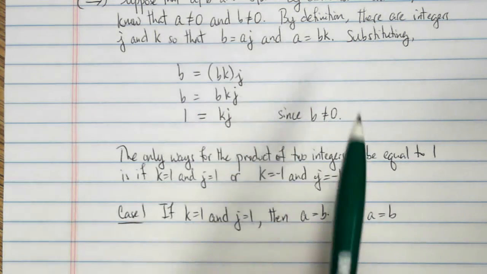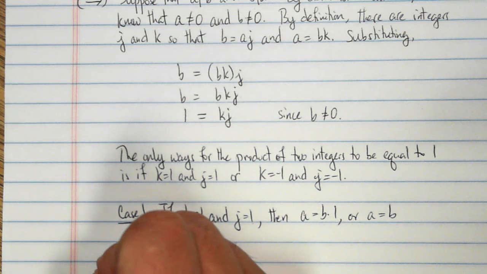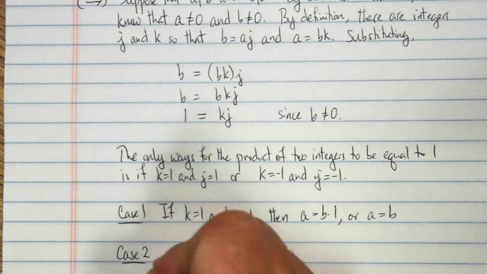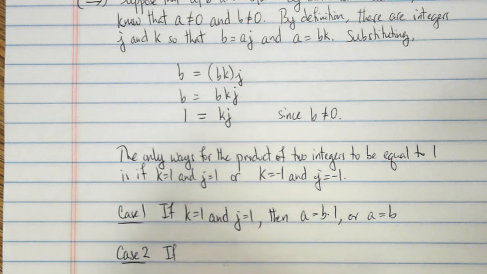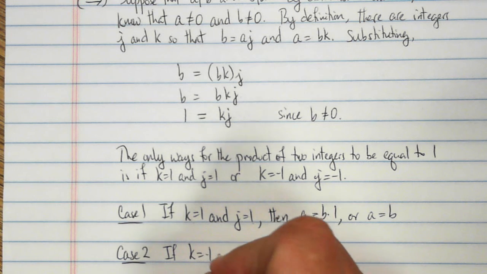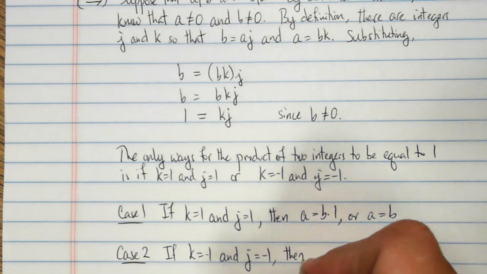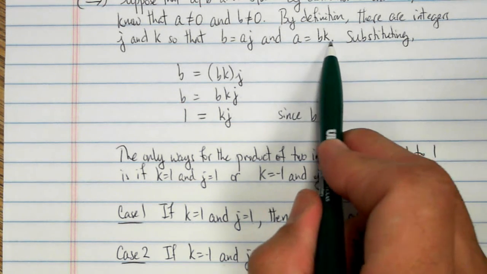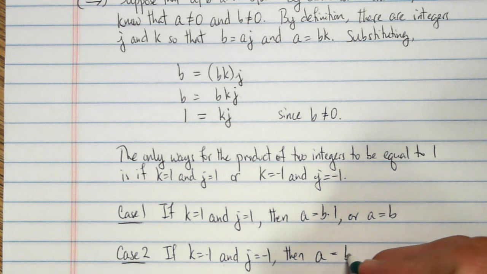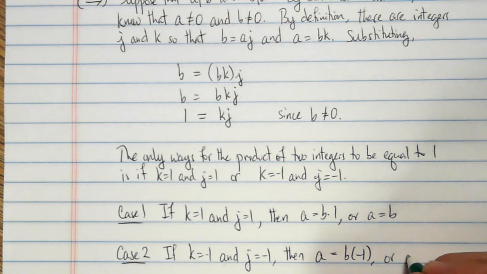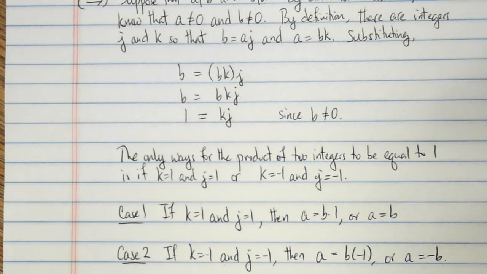So that's case 1. Case 2. If k equals negative 1 and j equals negative 1, then if I substitute in for k here, a is equal to b times negative 1, or a equals negative b.